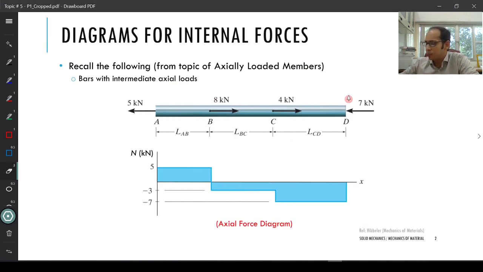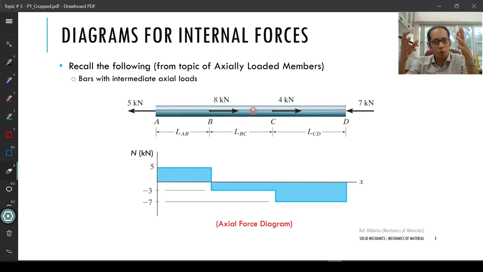Now, you would probably remember this figure over here, which we had discussed when we were talking about the non-uniform axial loaded members. We had a bar over here where we had forces of different magnitudes acting at different points of discontinuities along the length of the bar.